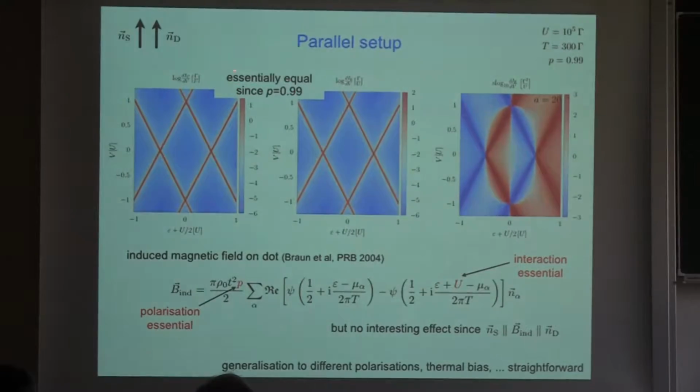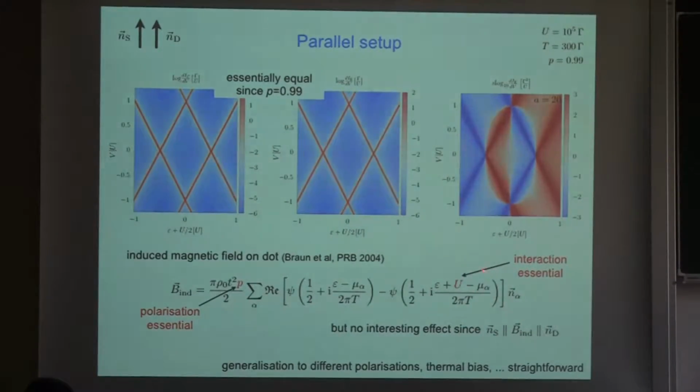And you see here we have chosen a polarization of 99%, and therefore you hardly see any difference between the charge conductance and the spin conductance, just because all the charge conductance is driven by, say, upspins. And of course also for the energy conductance, everything looks as expected. What is interesting though is that in this system, due to the finite magnetization of the reservoirs, you will get an induced magnetic field on your dot, which well, the formula is given here, and you see essential is, first of all, the polarization of the leads, obviously.